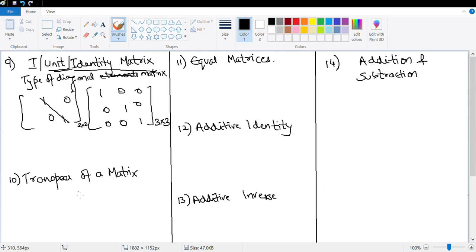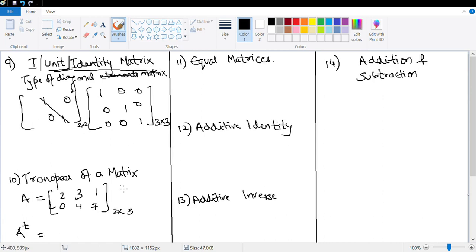Now, what's a transpose of a matrix? For example, let's take A equal to 2, 0, 3, 4, 1, 7. This is the matrix A. The order of this matrix is 2 rows by 3 columns. Transpose is written as A with a T on the top of it. It's not a power, but the T is written on top.